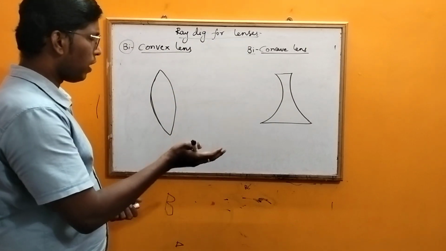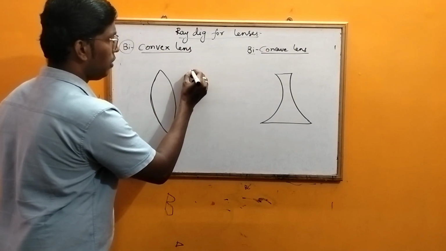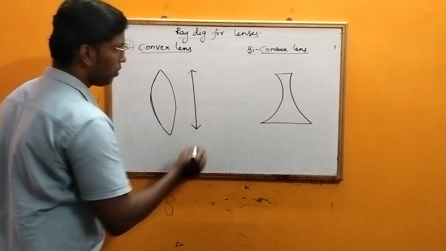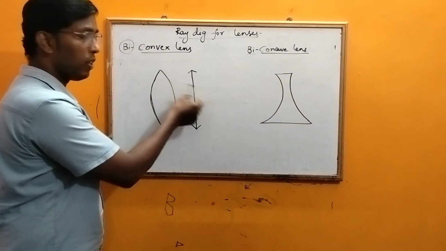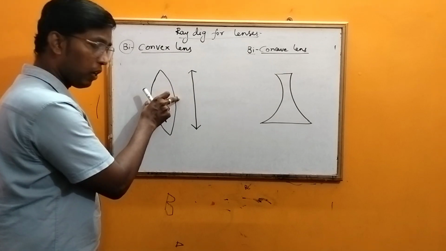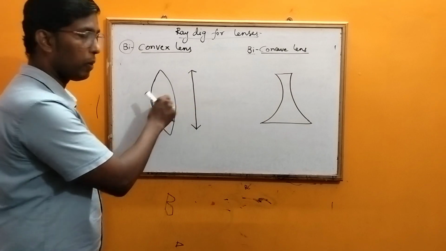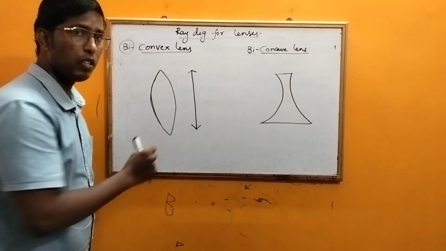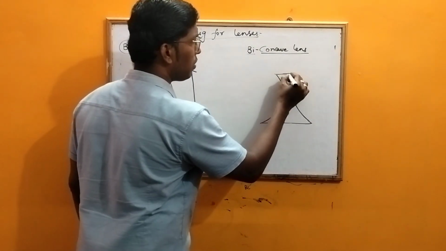If we represent them with a structure also, it looks like this. This is also a biconvex lens. This is just a representation of the lens. Both are the same. This structure is a symbol which we can use to represent a biconvex lens. You can use either of these structures to draw the ray diagrams in the exam if it is asked.